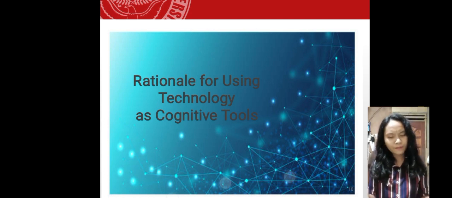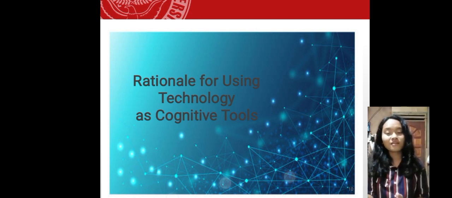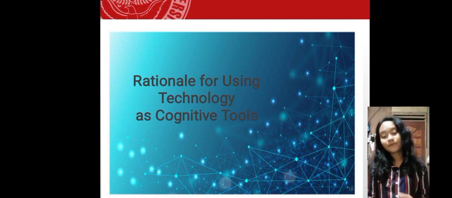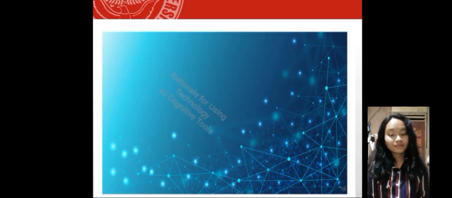Simply put, the rationale for using technology as cognitive tools refers to the principles which claim the role of technology as one of the driving forces in shaping, enhancing, and developing learners' abilities in the cognitive aspect.